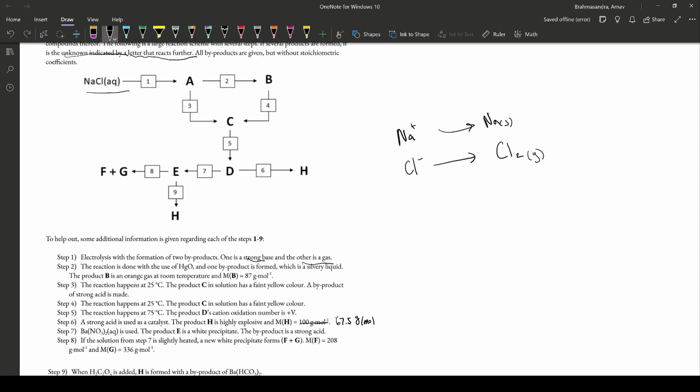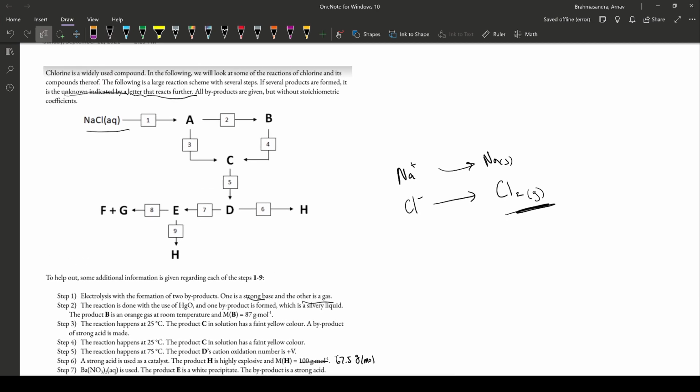That's what electrolysis does. Basically, you're applying a voltage, you're doing work, and by doing work, you're reversing the direction of spontaneity. NaCl likes to be together; they're attracted to each other. Sodium likes to have a positive charge, chlorine likes to have a negative charge. When you do electrolysis, you're reversing the direction of spontaneity by applying a voltage, doing work on the system, and forming chlorine gas. So our A is going to be chlorine gas.